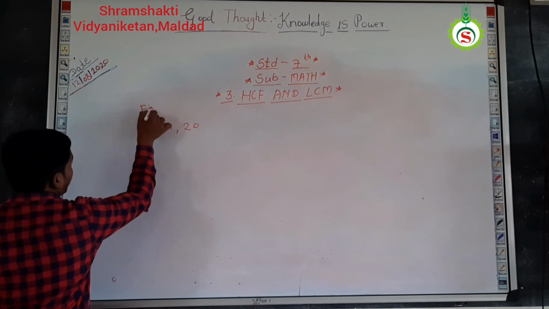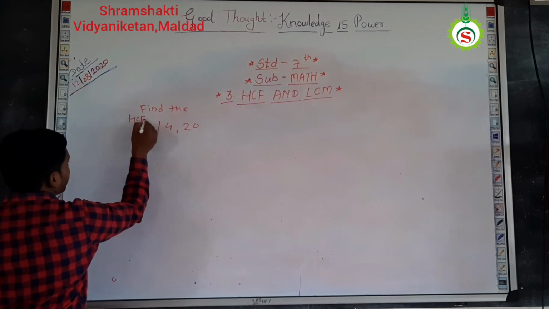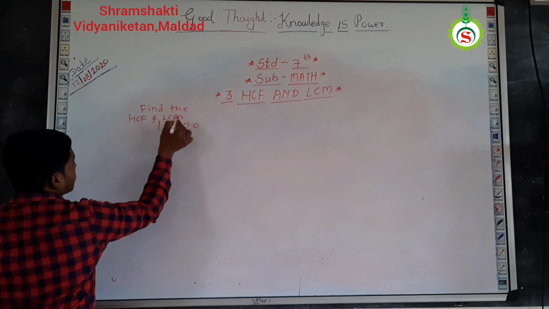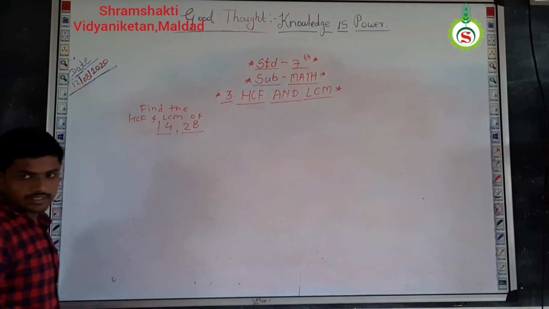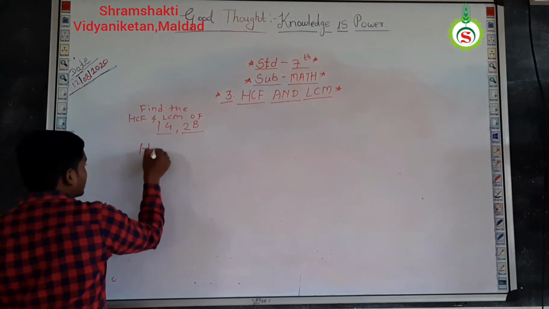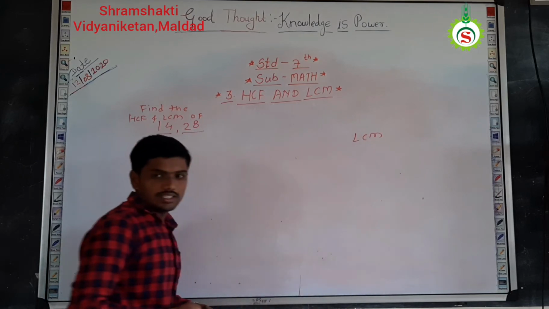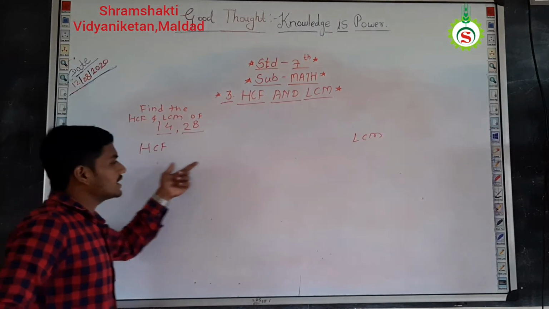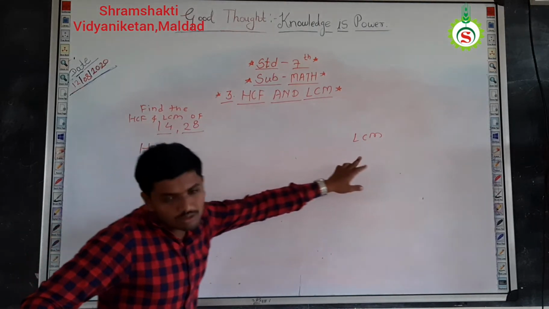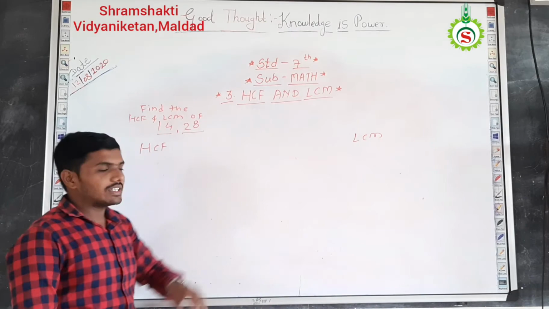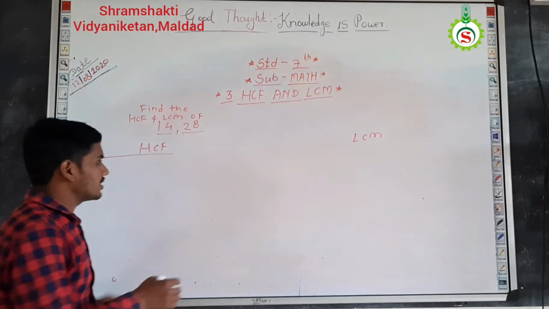Now here I will find the HCF and here I will find the LCM. Now tell me, which is the common method for finding the HCF and LCM? Obviously factorization, because the division method is not useful for finding the LCM. That's why I am going to use the factorization method for the HCF also.